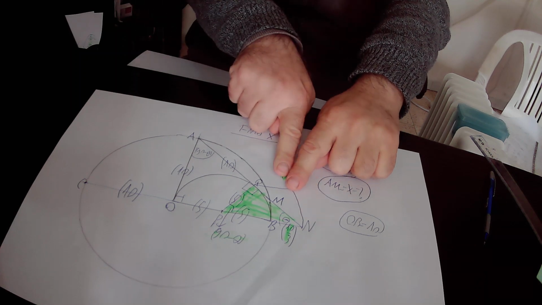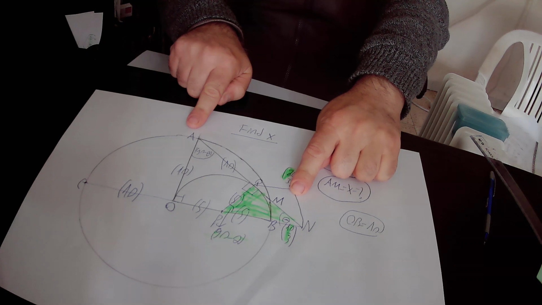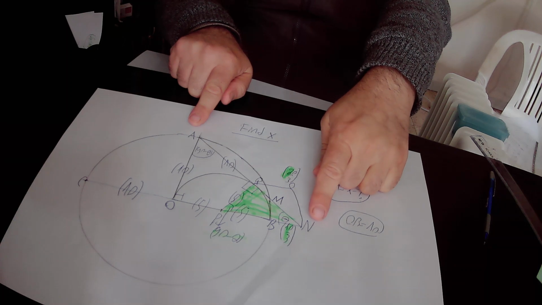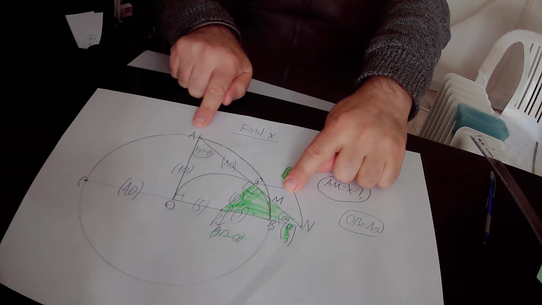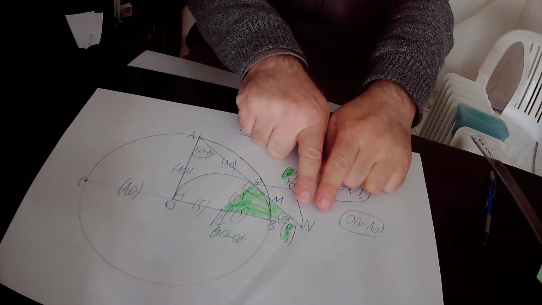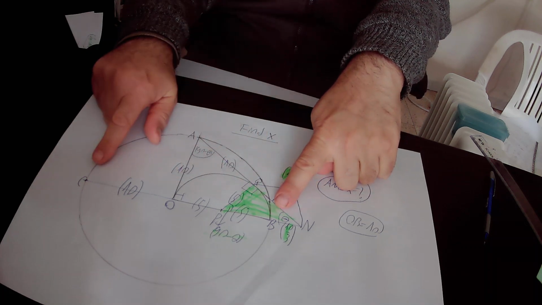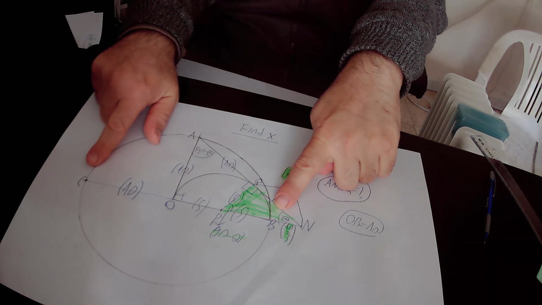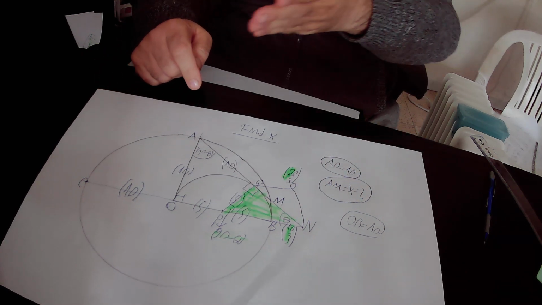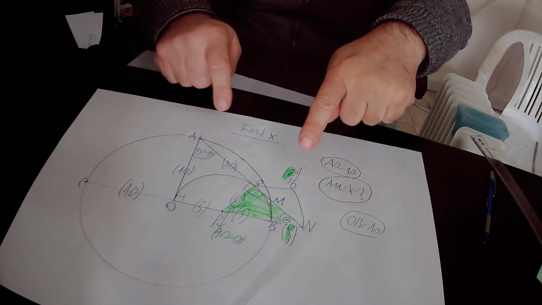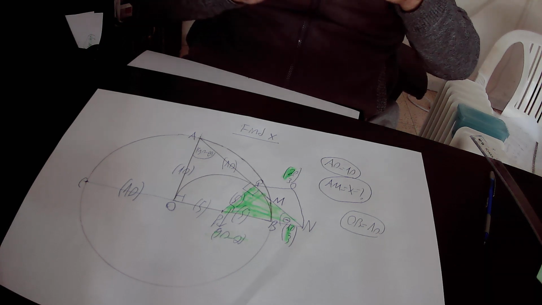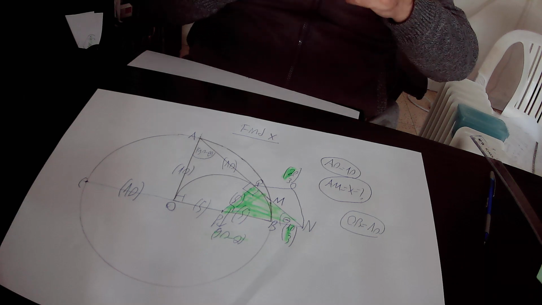Chord MA is drawn from point N, and from the same point N we have chord BC. So from the common external point N, we have two chords inside this circle, chord AM and chord BC. All the requirements of rule number 14 are met, therefore we can implement rule number 14 here.